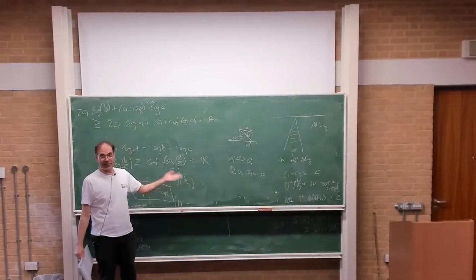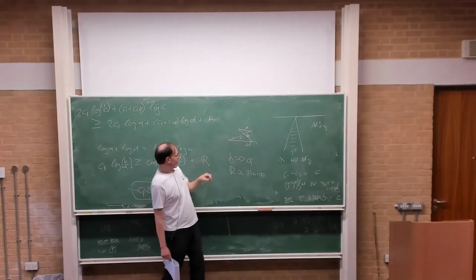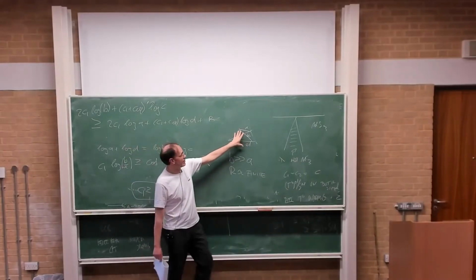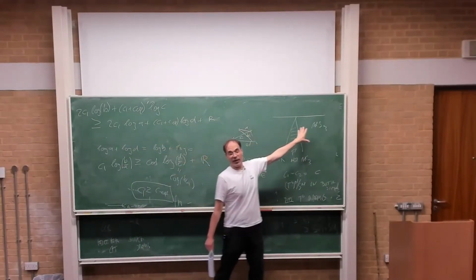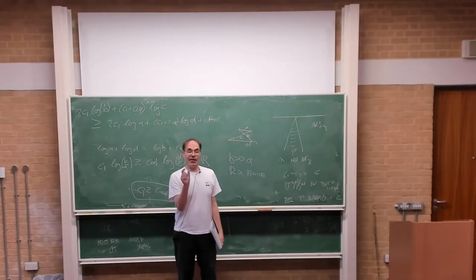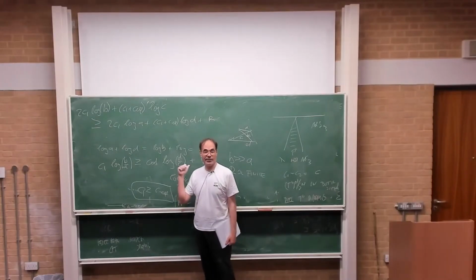I don't need derivatives, right? I use the setting as it is, and the limit I want is B much bigger than A, which is the same as D much bigger than C. So this is just a statement about what I do with these intervals far away from the interface, right? This remainder blows up when the ends of my intervals get very close to the interface, and we're exactly not doing this.